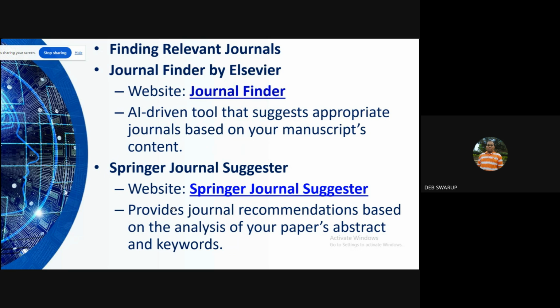They will take a broad area, then from that broad area they will come down to your specific area, what work you are doing. Then they will take your abstract and search based on that abstract. They'll list out all the journals they have, what the journals are, their possible acceptance rate, and the possible duration.